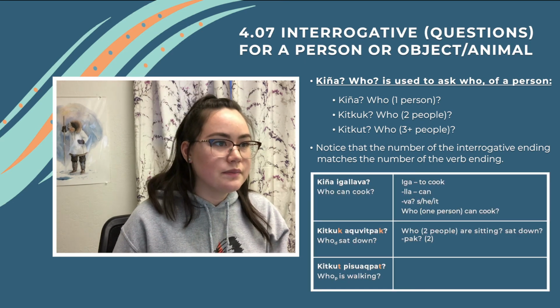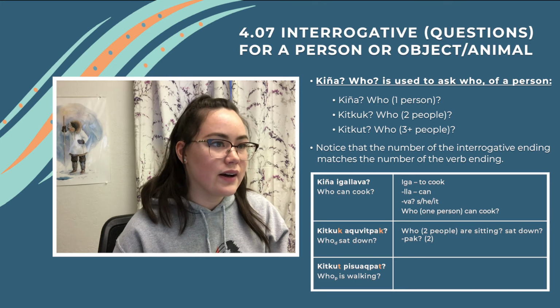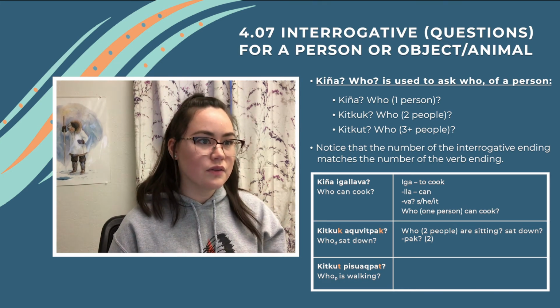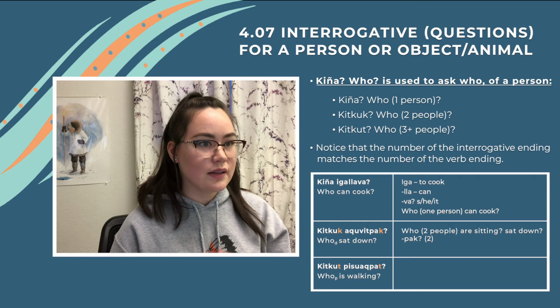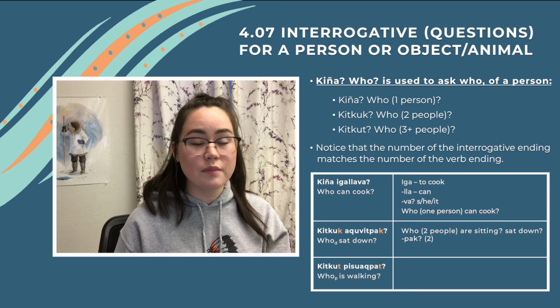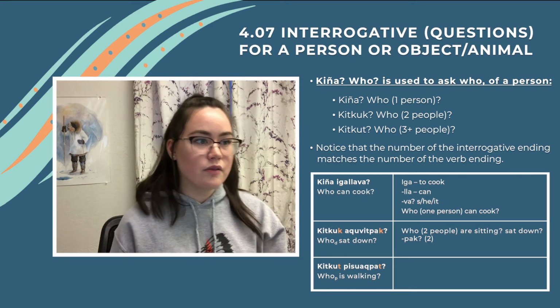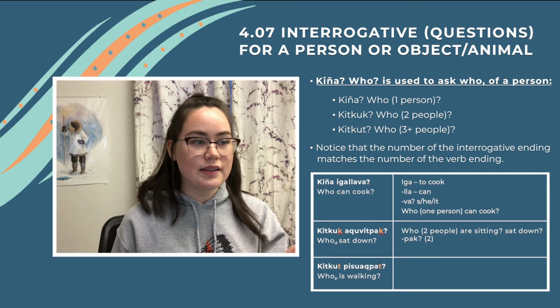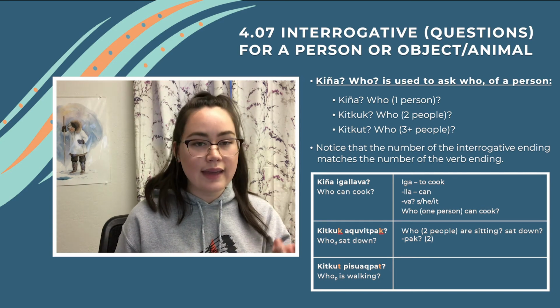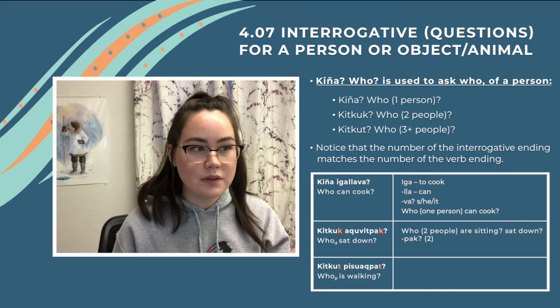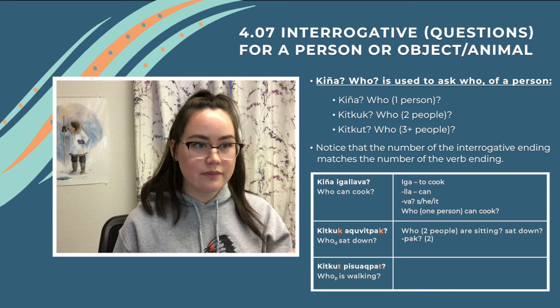So for example, Kinya igalava, who can cook. So iga is to cook, la is can. The ending va refers to he, she, or it, and then kinya refers to who one person can cook. Kitkuk akuvitbak. So highlighted in red, you can see that they both end in K, so that's like who two people sat down.